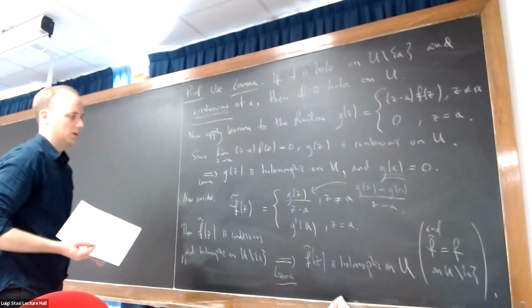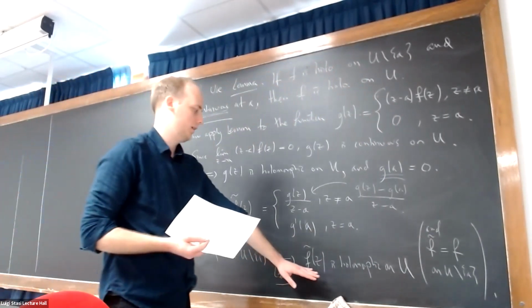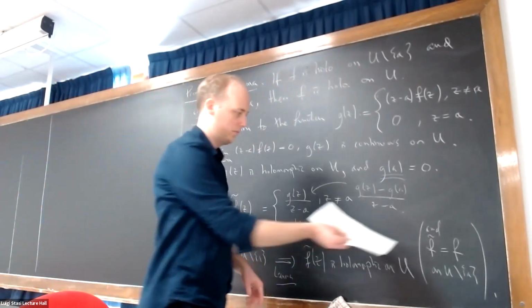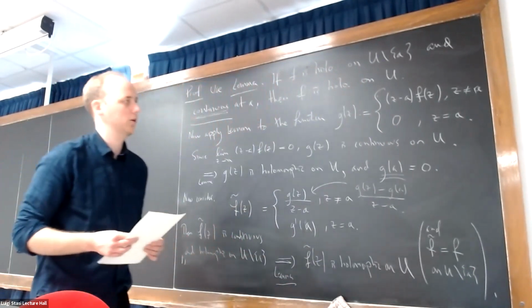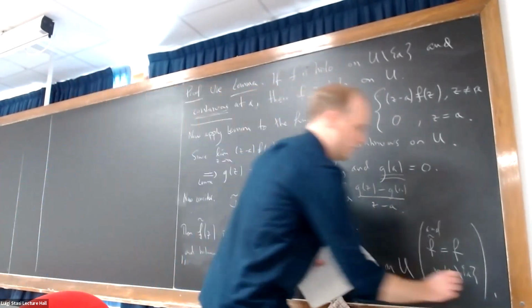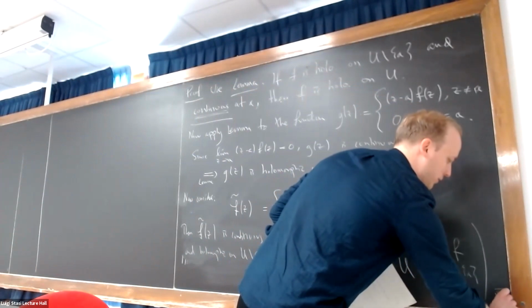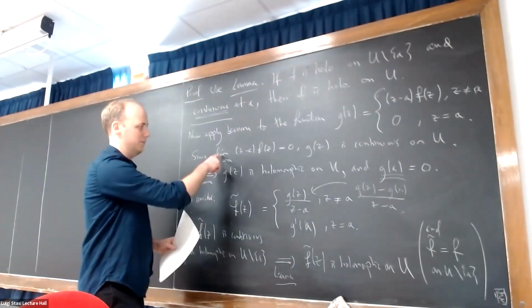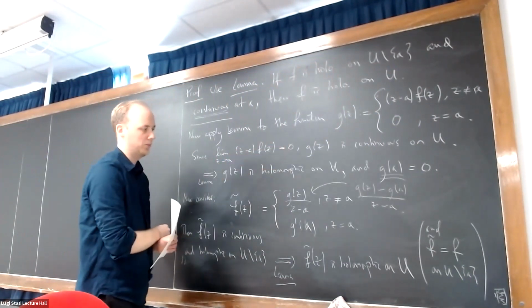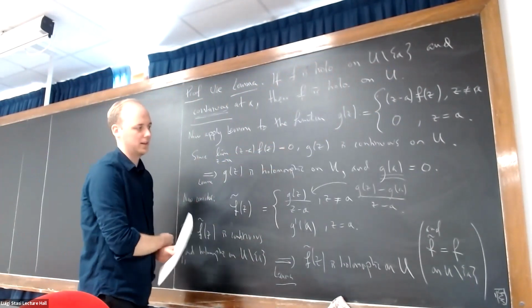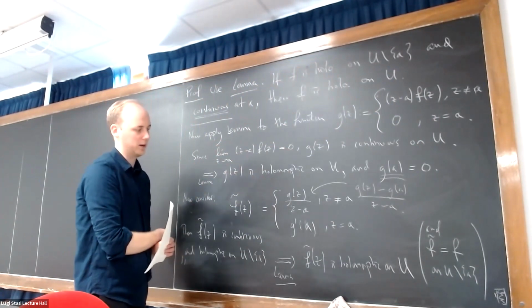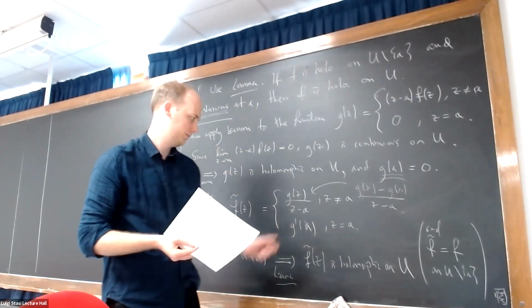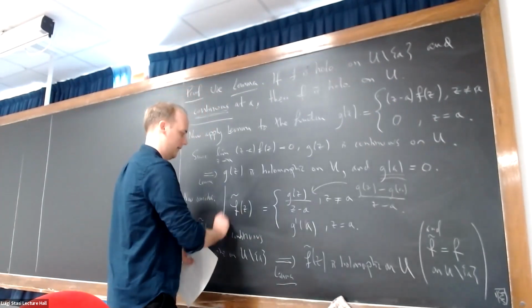Okay, so it really is an extension of f, and it is holomorphic on all of u. So this proves the theorem that if you have a removable singularity, so if this limit here is equal to 0, then actually your function extends in a very elementary way to something holomorphic everywhere by putting exactly this.